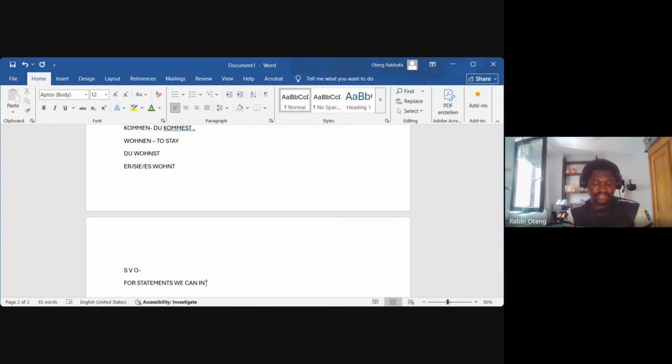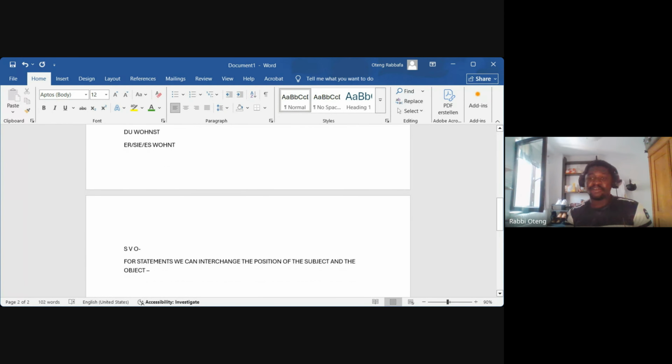We can interchange the position of the subject and the object, most of the time when the object is a noun, and you can put the emphasis on it.